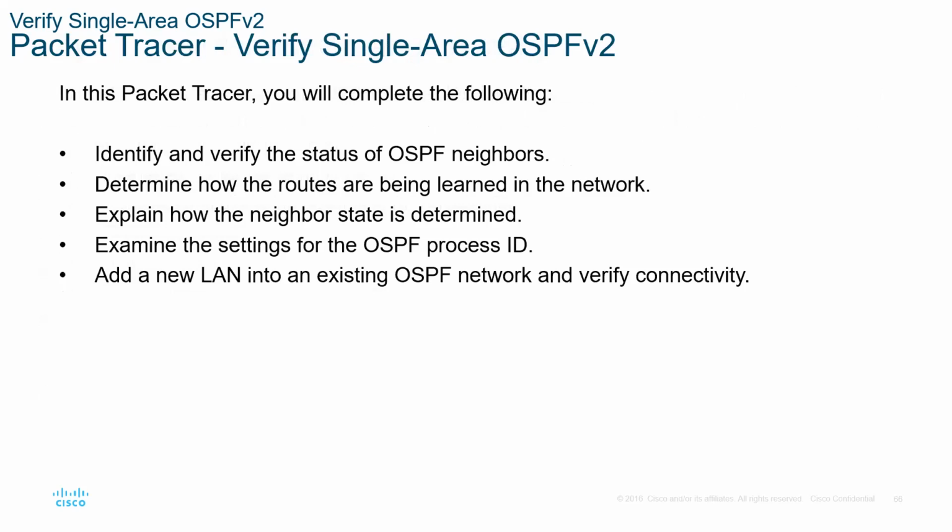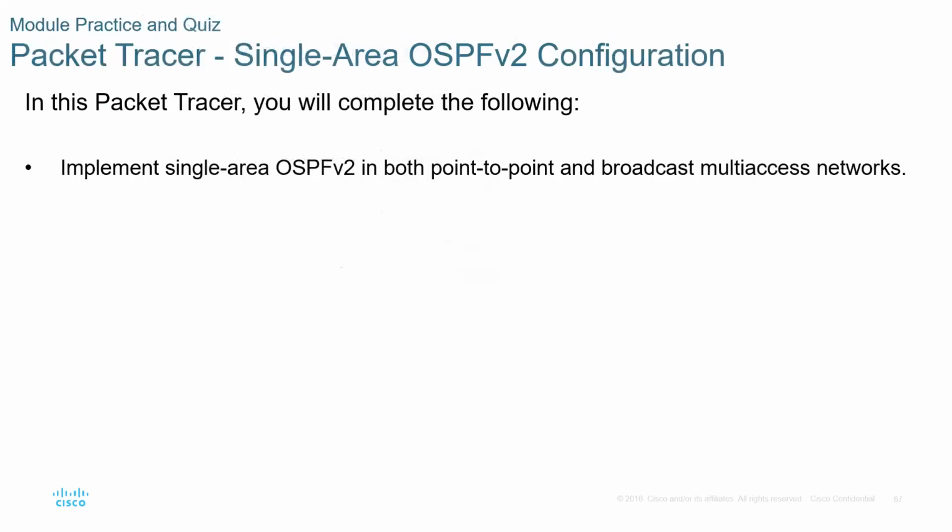So I think this is another activity I want us to quickly look at in the verification. This is the activity I want us to look at: single area OSPF configuration. So we want to implement single area in both point-to-point and multi-access.